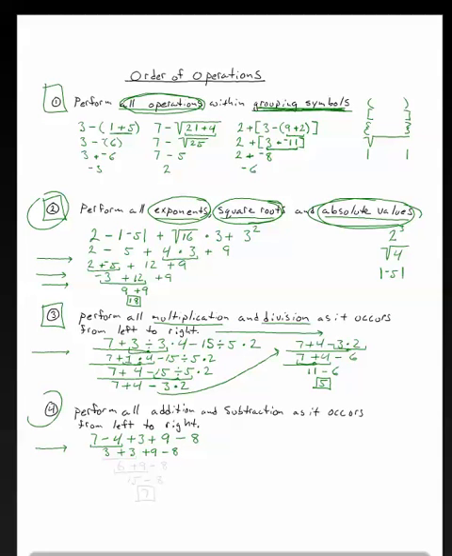Now I start over, and I go from the left to the right. And the first one I encounter is 3 plus 3, which is 6, plus 9 minus 8. Once again, I go from left to right, and I do the first addition or subtraction that I see, which is 6 plus 9, which is 15, minus 8. And finally, 15 minus 8 is 7.